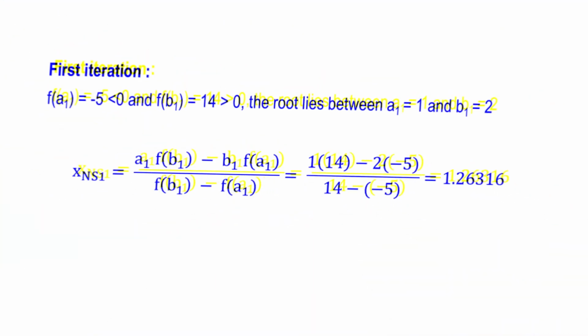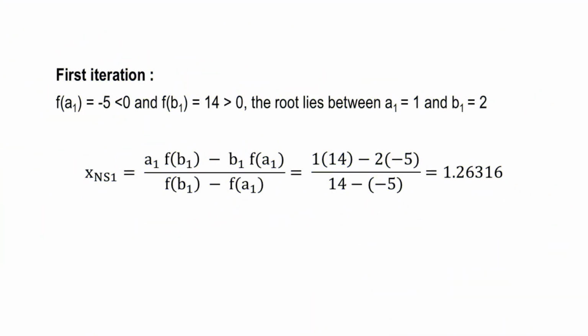Now let's compute the value of x sub ns1 using the formula a sub 1 times f(b sub 1) minus b sub 1 multiplied by f(a sub 1), all over f(b sub 1) minus f(a sub 1). So that is equal to 1 times 14 minus 2 times minus 5, all over 14 minus minus 5.